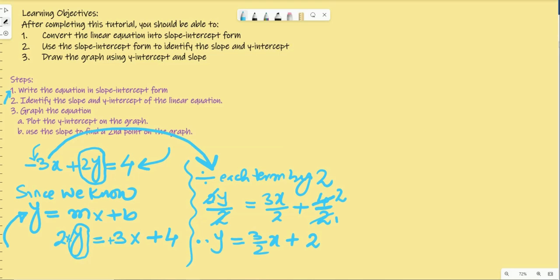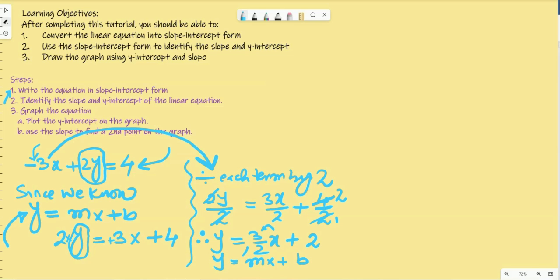Now we have got the slope-intercept form. Let's compare with y equal to mx plus b. The number which is in front of x, that is your slope. So we got the m here.